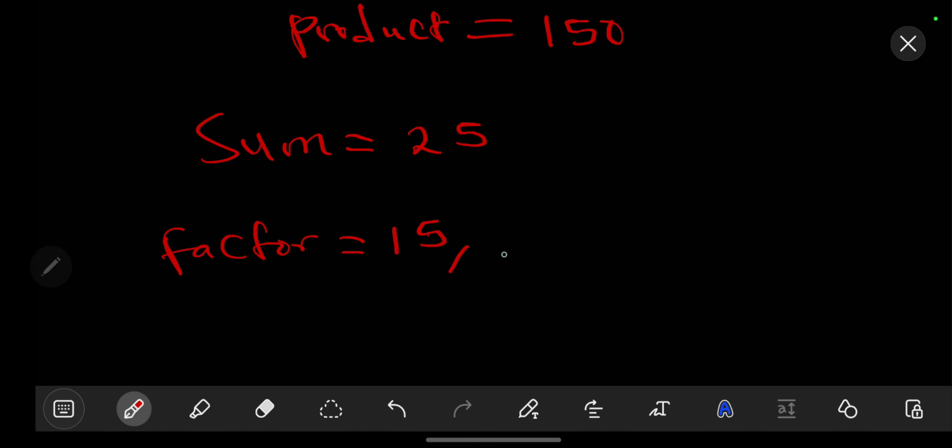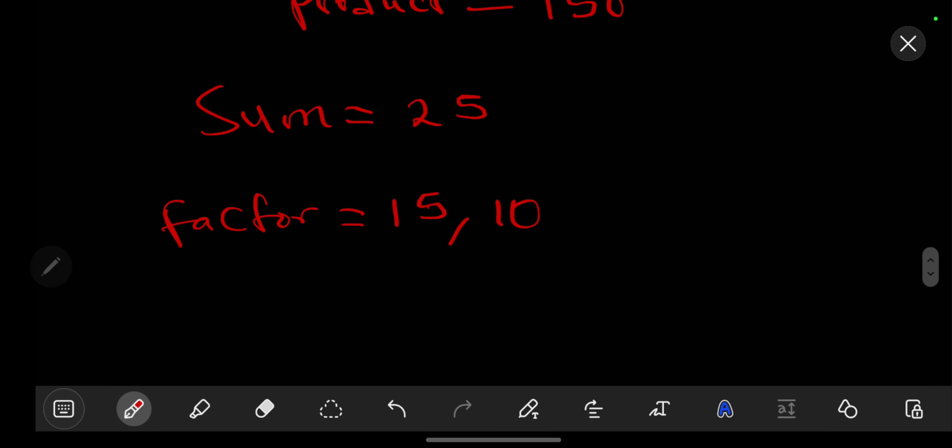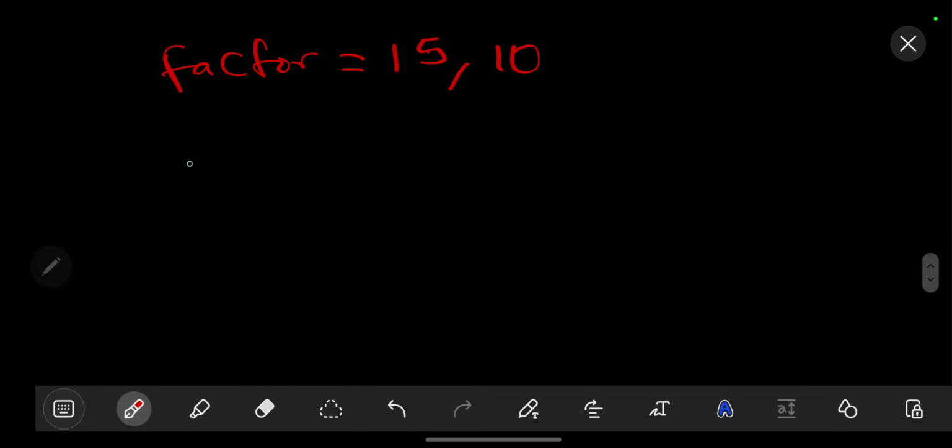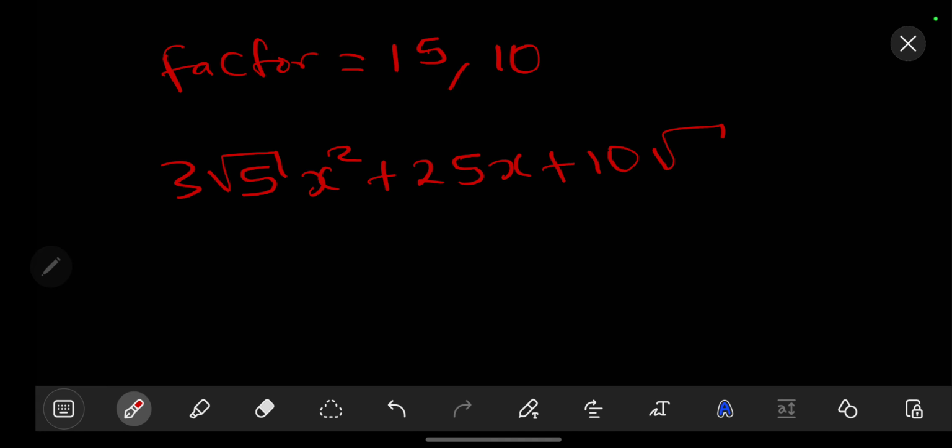We have a 15 comma a 10, so that the 10 here can be able to more like cancel with that. So we have this 3 square root of 5, then we have this x squared plus our 25x, then we have plus our 10 square root of 5 should be equal to 0. So I put the 10 here so that it is closer to this value.